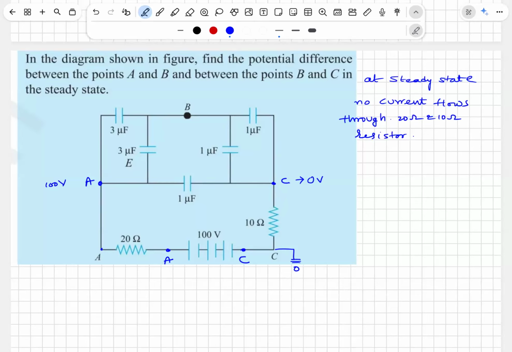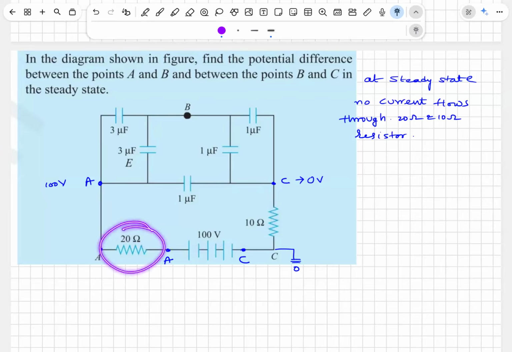Can you ask your question again, please? When there is no current through 20 ohm, how come current through 10 ohm? Because there is a closed loop.